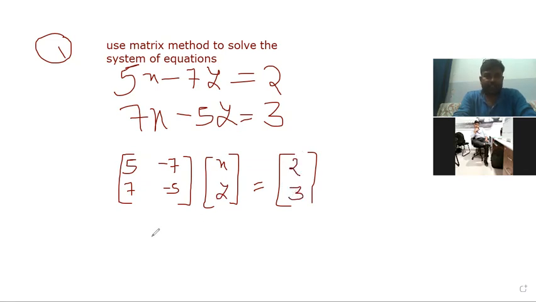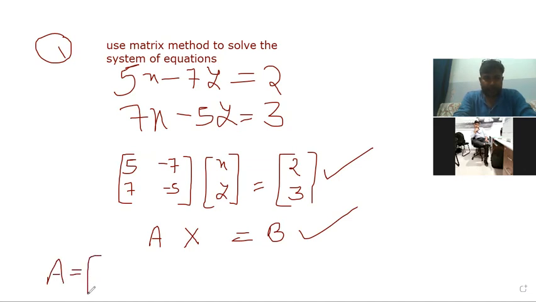We have changed the system of equations into this form, so we compare it with AX is equal to B. We compare this with this, then we will get A is equal to this 2 by 2 matrix: 5, minus 7, 7, minus 5.